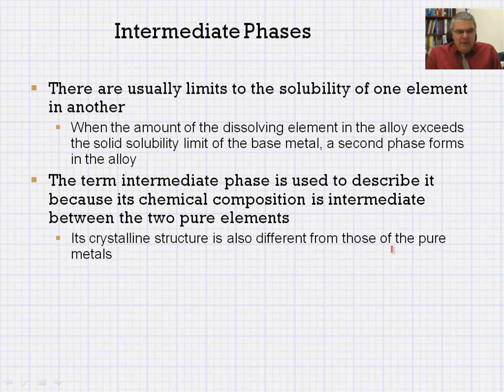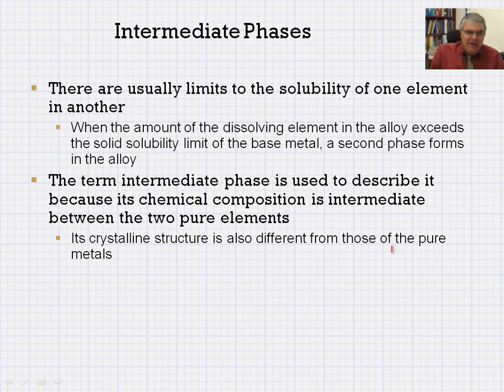As we are dissolving an element into another, there's a point in which we reach the limit of the solubility, and beyond that point, it is not possible to dissolve the element in the alloy anymore because it exceeds the solid solubility limit of the base metal.